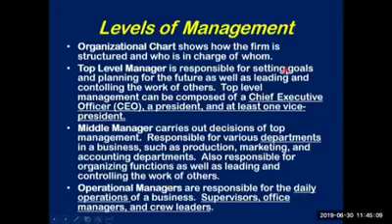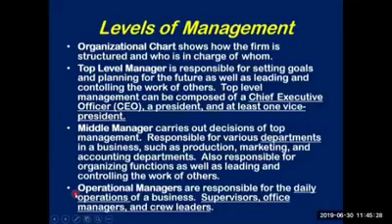Levels of management. An organizational chart shows how the firm is structured and who is in charge of whom. There are 3 levels of management: top level manager, middle manager, and operational managers.